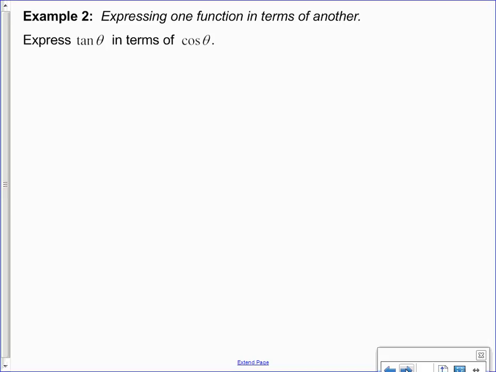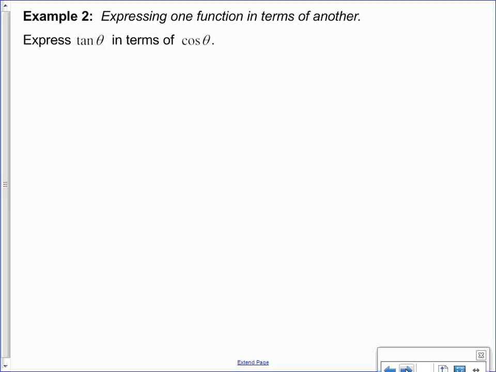All right, here we go. Expressing one in terms of the other. So this is expressing tangent in terms of cosine. That means nothing in your equation can have anything but cosine. Okay. Here we go.